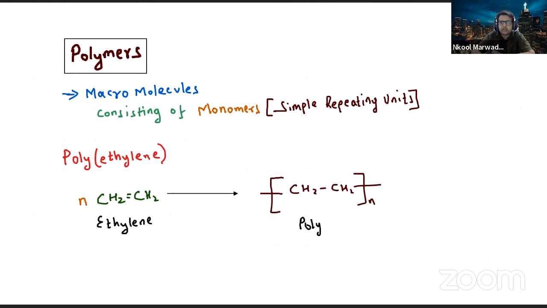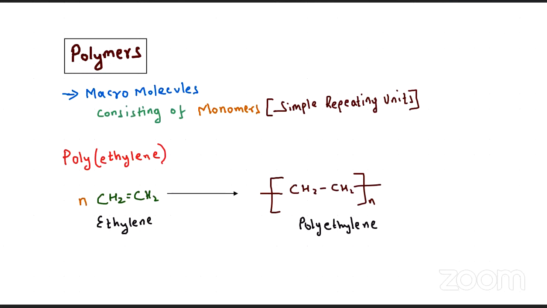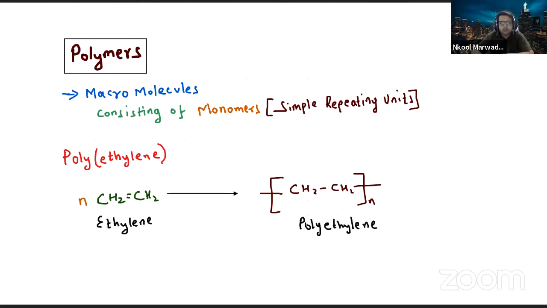So now it is very clear to us that when I talk about polymer, it is made up of two words. Poly means many, and mer means monomer, repeating.